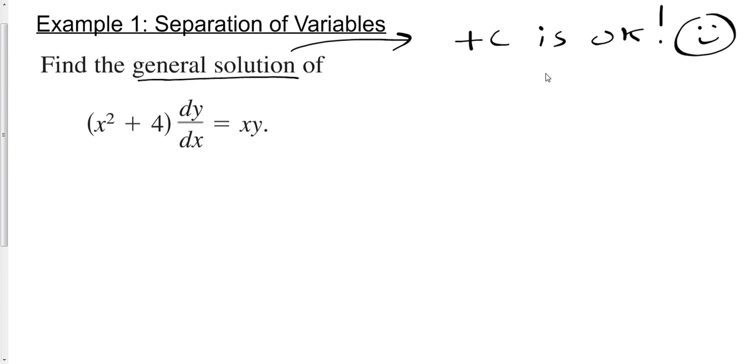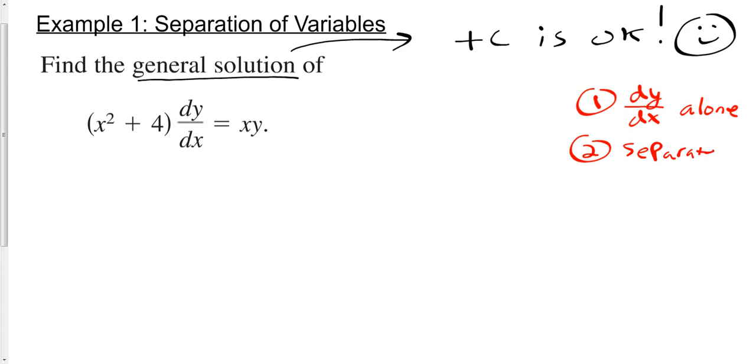I would divide this first because I want dy dx alone. So let's talk about that real quick. Dy dx alone, right? Separate the x's and the y's, right? Anti-derive.